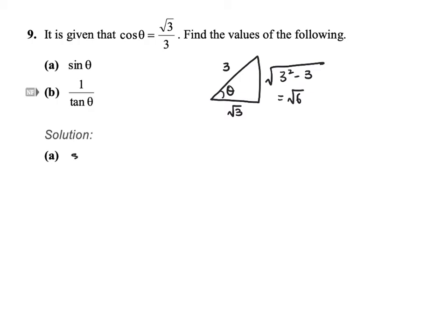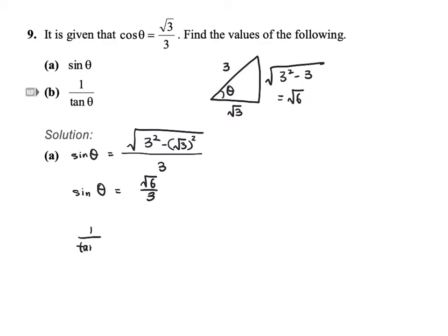That is why sine theta equals root 6 over 3. And for 1 over tangent theta, that equals 1 over root 6 over root 3, which gives you 1 over root 2. That's it.